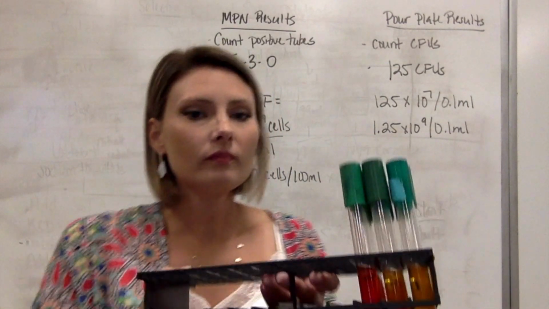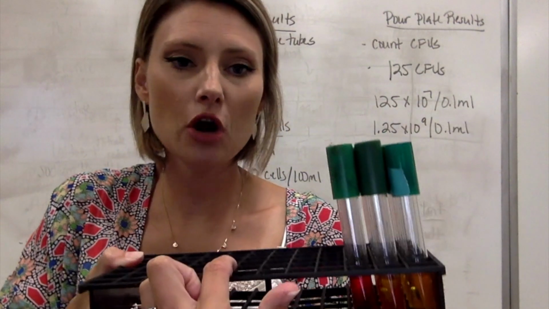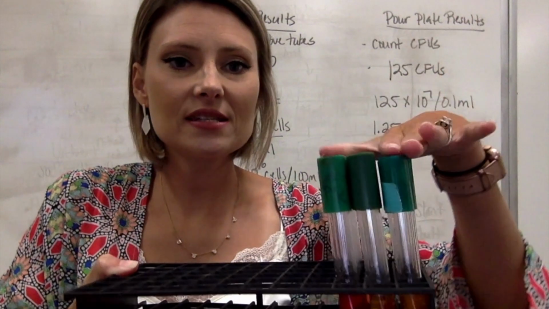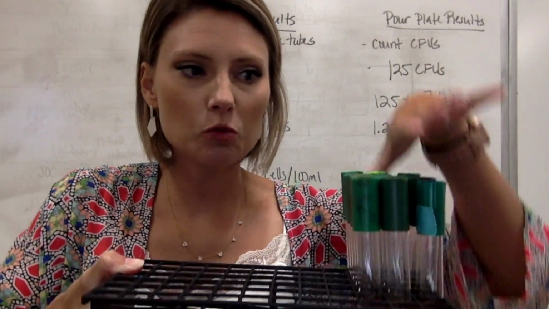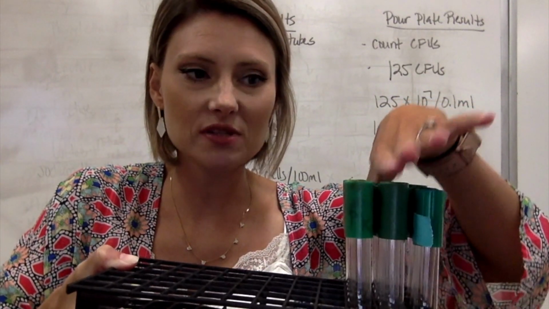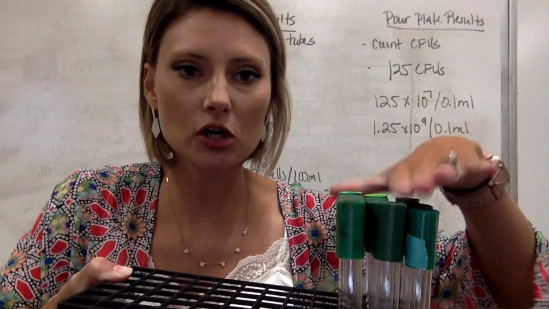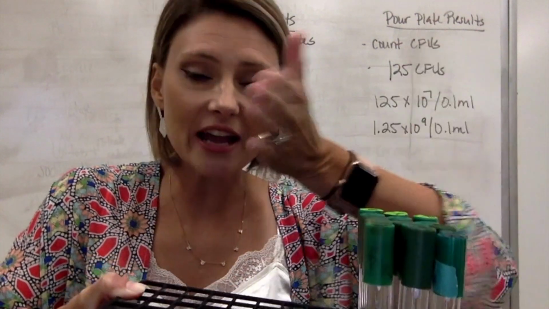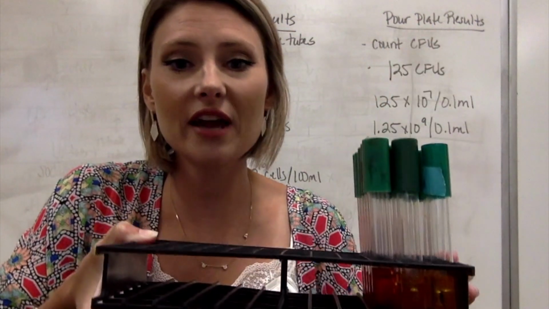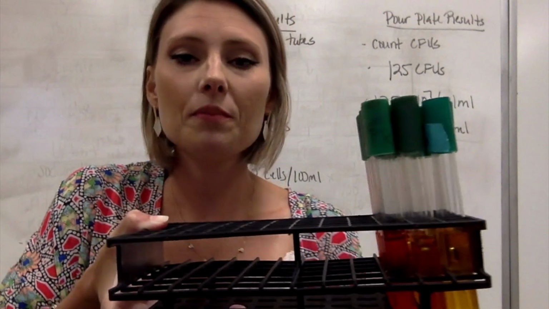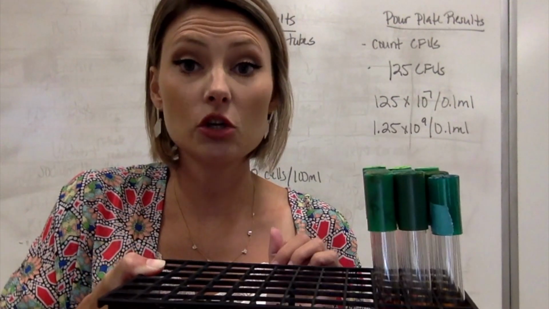If I had more than just 3 rows here, this row all has positive tubes, but this row does not. So this row is the next to last row that has all positive tubes. I would start counting here if I had more tubes. Now I only have 3, so you don't have to worry about that, but if that was the case, that's how you would count it.